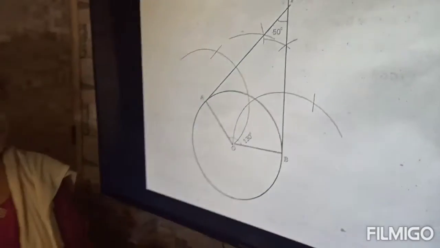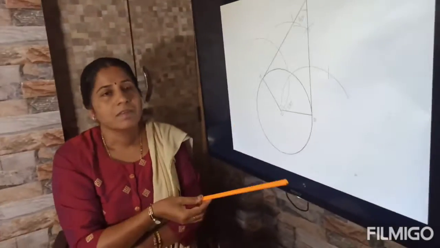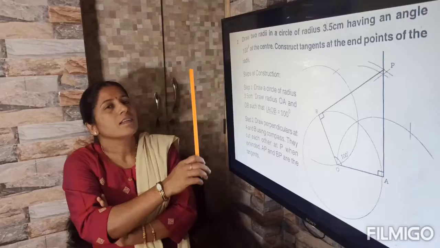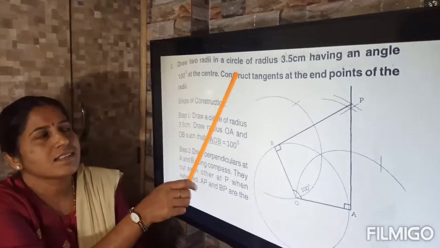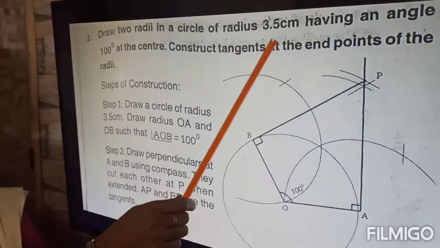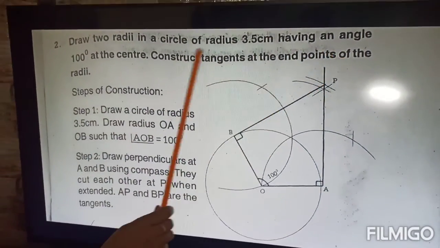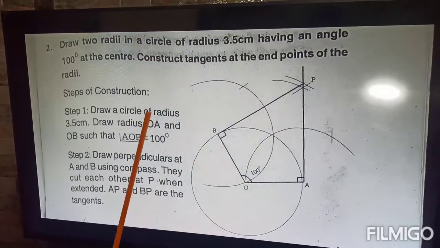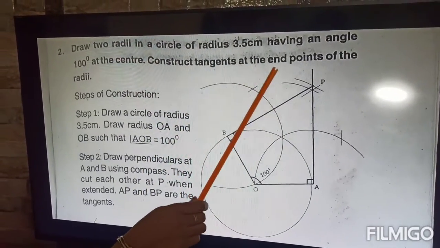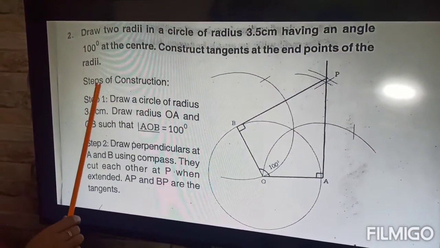Okay, we will do the next construction. Next construction is draw two radii in a circle of radius 3.5 centimeters having an angle of 100 degrees at the center. Construct tangents at the end points of the radii.